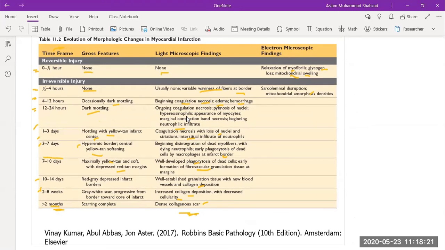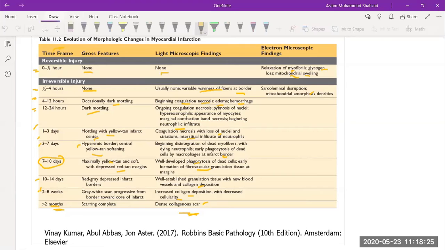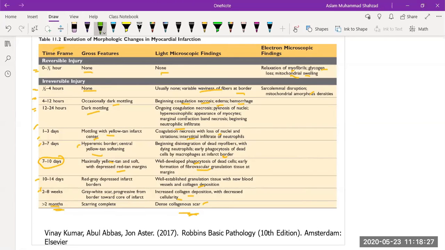If you take a look around 7 to 10 days, I changed the color. Yeah, around 7 to 10 days, we mentioned the formation of fibrovascular granulation tissue at the margin, and then at 10 to 14 days, this granulation will become well established.